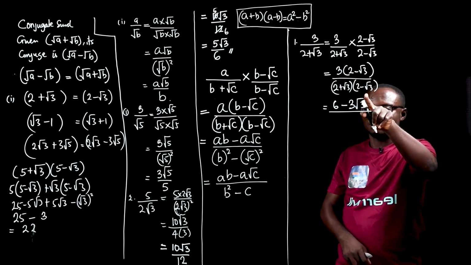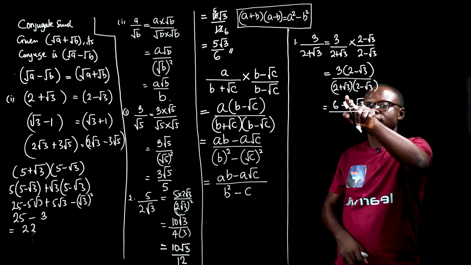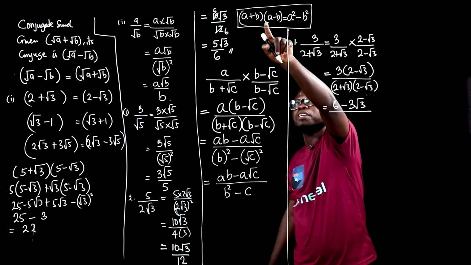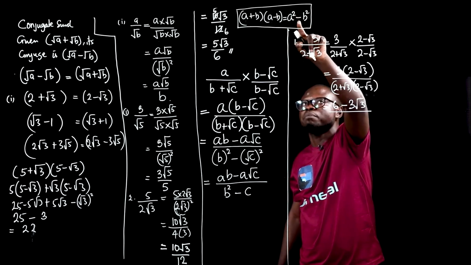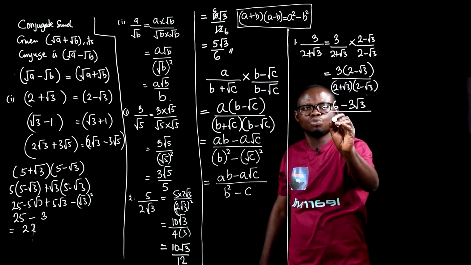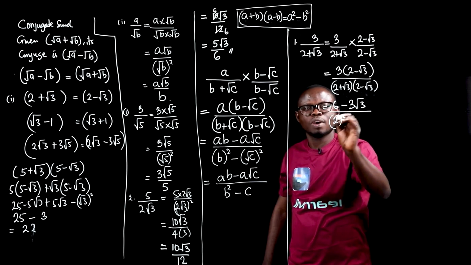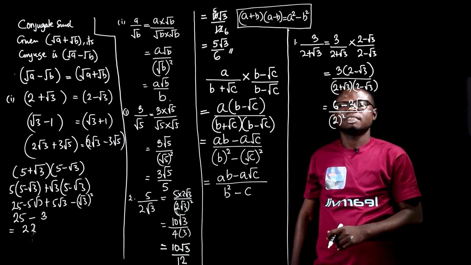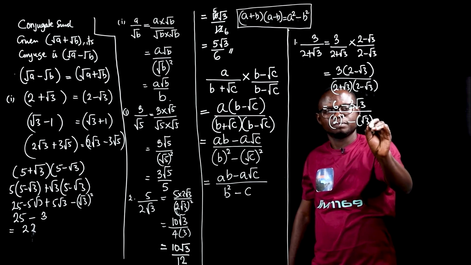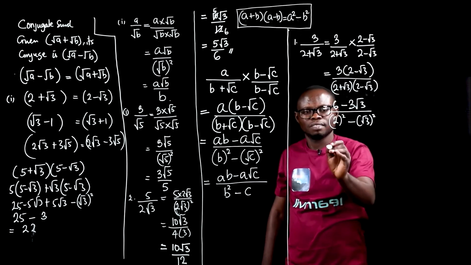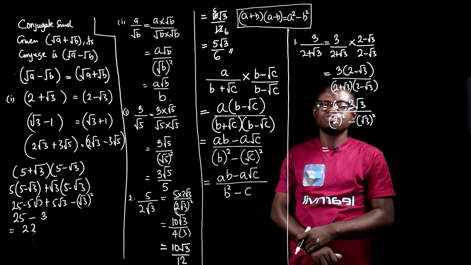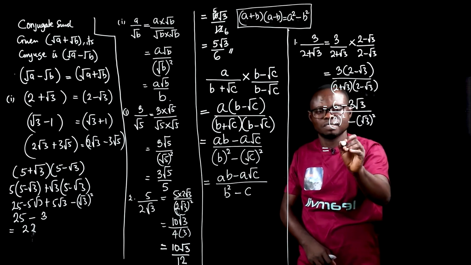Now we are here. We have 2 plus root 3, 2 minus root 3. You remember, a plus b, a minus b becomes a squared minus b squared. So our first item is 2. We square it, minus our second item is root 3. We square that. The numerator will remain the same because there are no like terms.